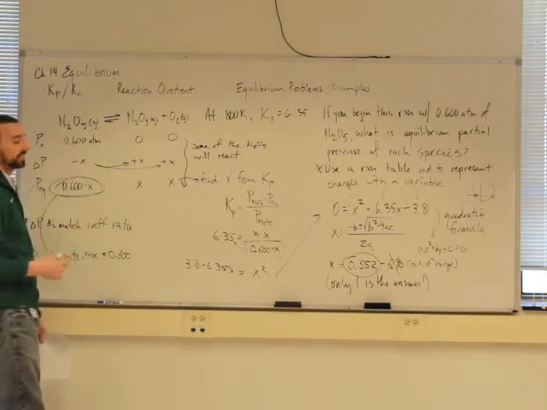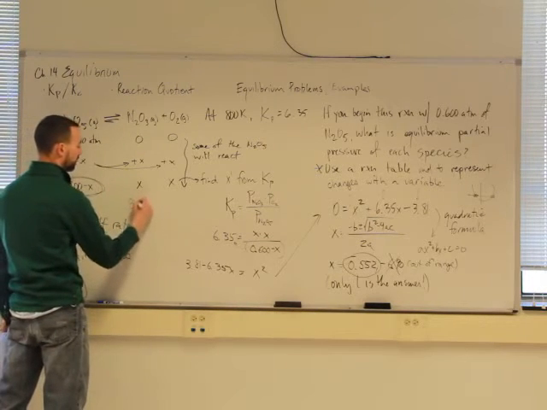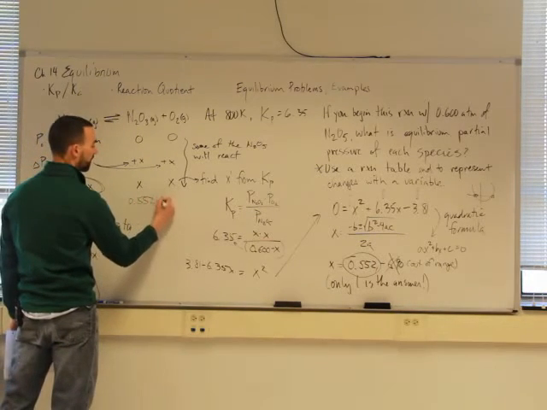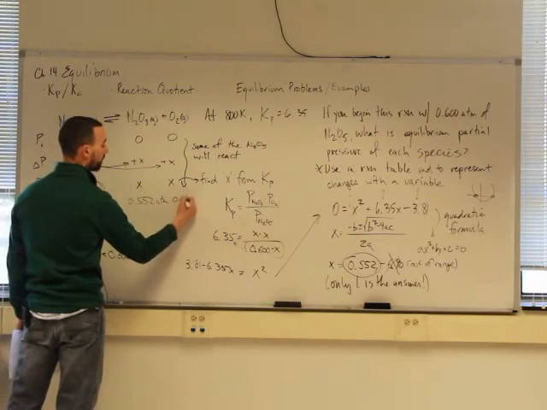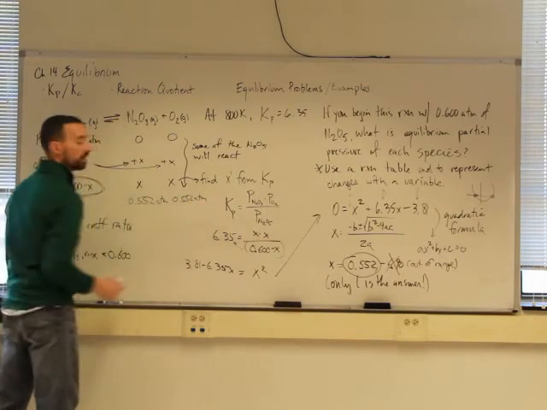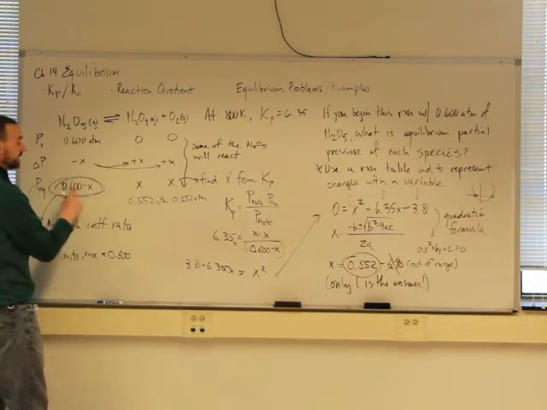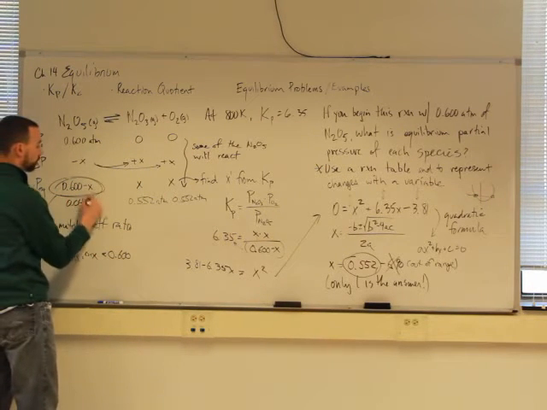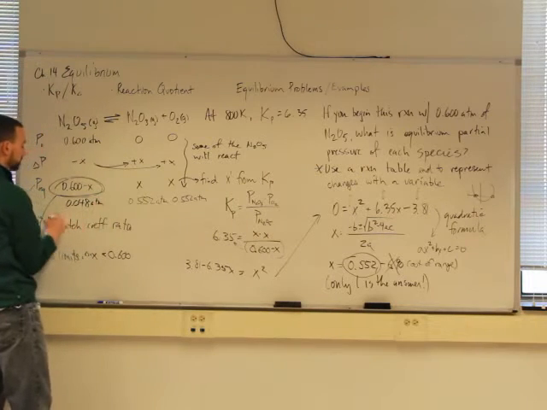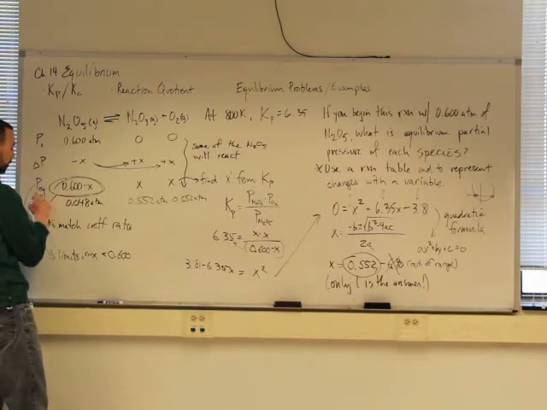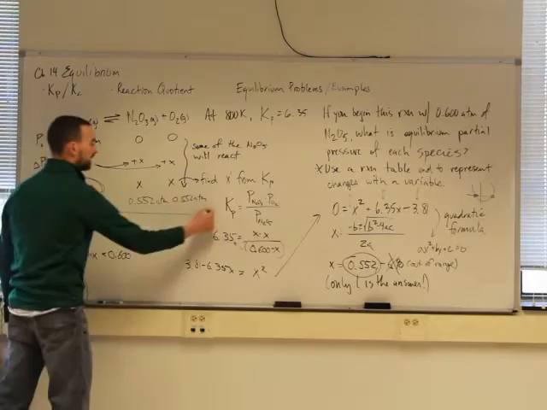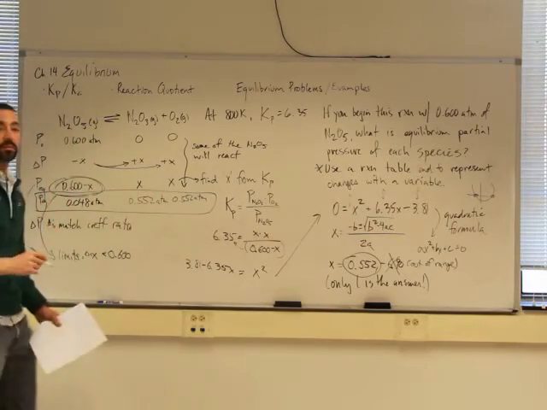Now that I know what x is, let's come back over and finish this off. Here's our answers. 0.552 atmospheres, 0.552 atmospheres. That's what the pressure of N2O3 and O2 is going to be. And then this one is going to be 0.048 atmospheres when we subtract. So I really just added a fourth row here. And these are the answers to our problem.